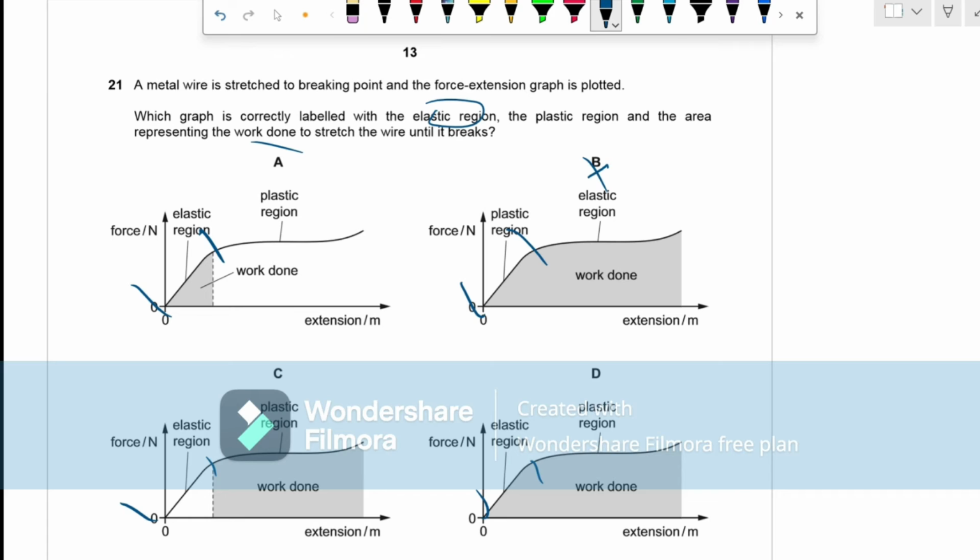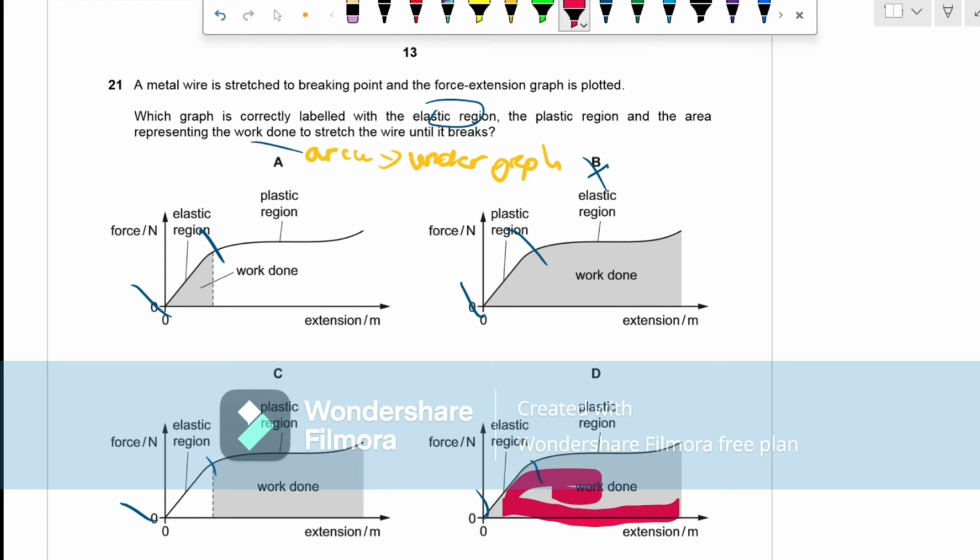But the work done is basically the area underneath the graph. The area under this graph specifically is the one that's going to be your work done. So this whole area as a whole is going to be your work done.